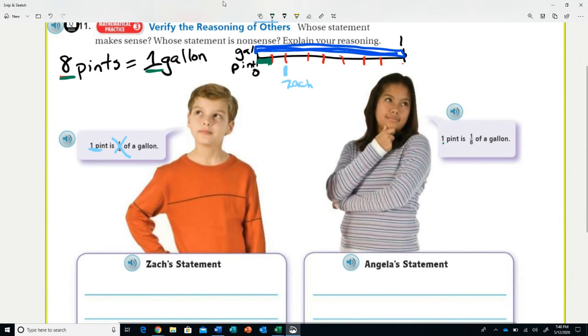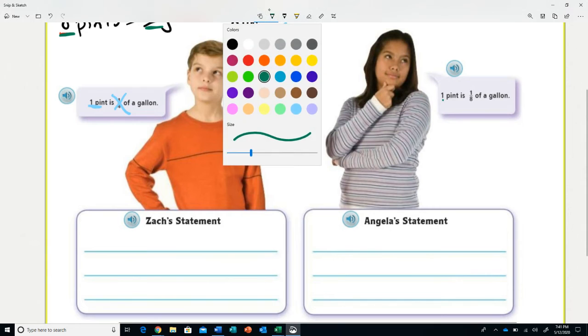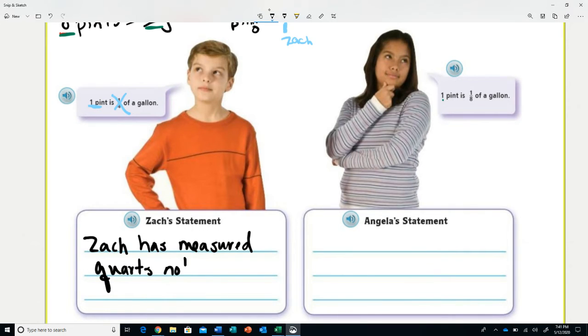So let's see, whose statement is nonsense, whose statement makes sense. When I come down here, sorry, Zach, I'm going to pick up a writing color again. Zach has measured quarts, not pints. So he is the nonsense.